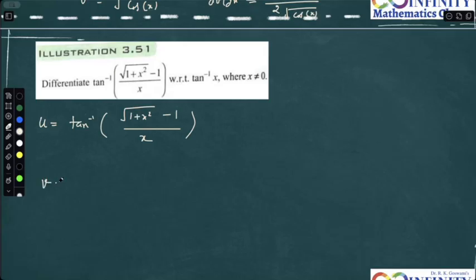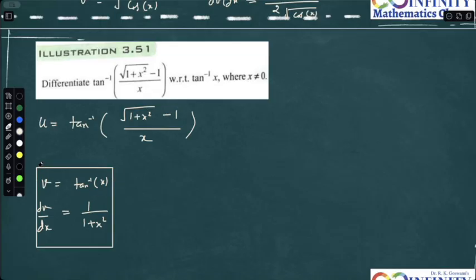And another expression is v equals tan inverse x. If you ask me what is dv over dx, it is a straightforward formula for you. Can you please help me? Is it so? Yeah. So I don't have any issue with v.